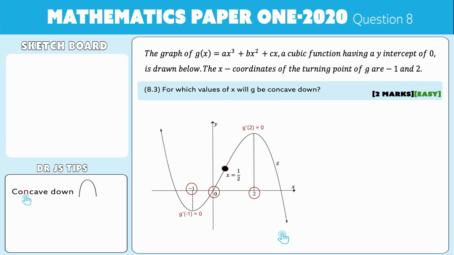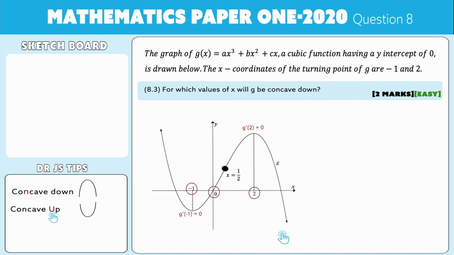Obviously, the other one will be concave upwards. So the n for the down brings me to that shape. If I have a concave upwards, all I need to remember is this u. A u looks like that. So that means the gradient of the curve is increasing.